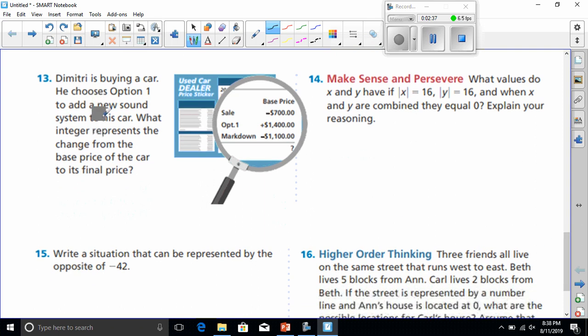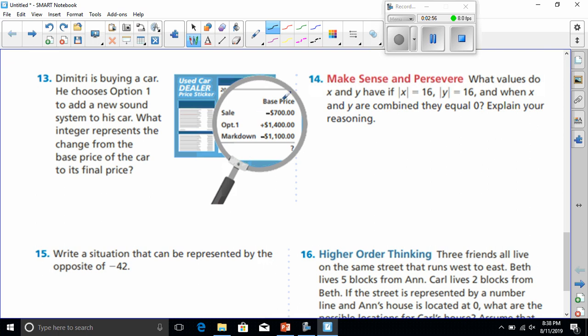13 says, Dimitri is buying a car. He chose option 1, to add a new sound system to his car. Well, what integer represents the change from the base price of the car to its final price?